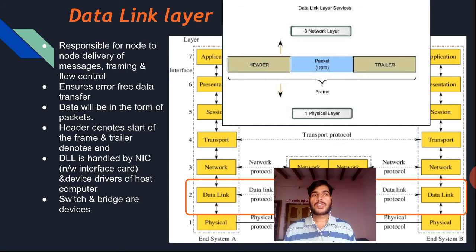What do you mean by flow control? Flow control is nothing but maintaining correct constant bit rates at both sides, at the sending side as well as at the receiver side.